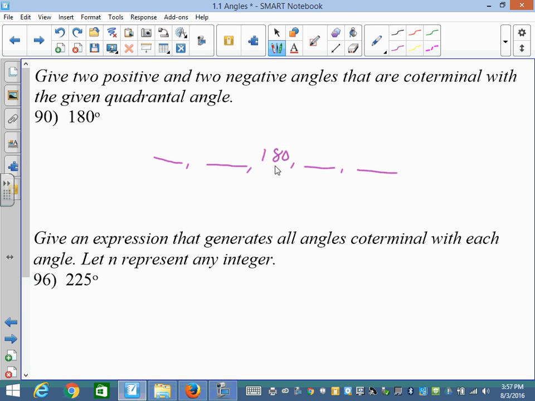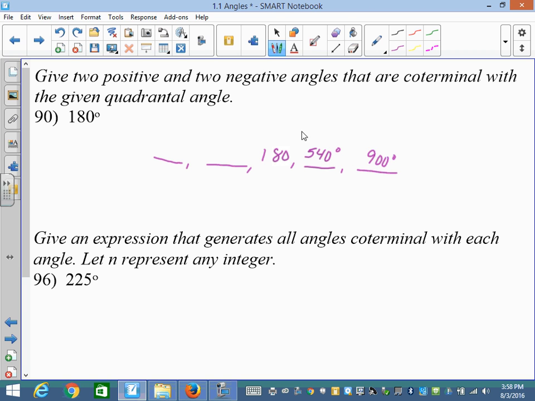So 180 plus 360 gives us 540. And then if I add 360 again, so if I do 540 plus 360, I get to 900 degrees.